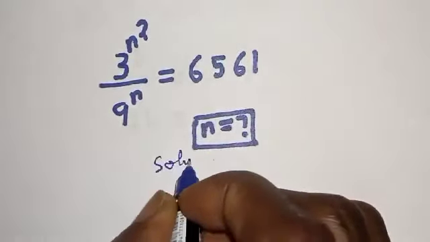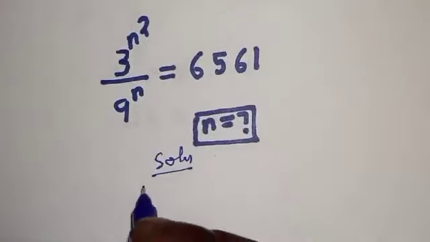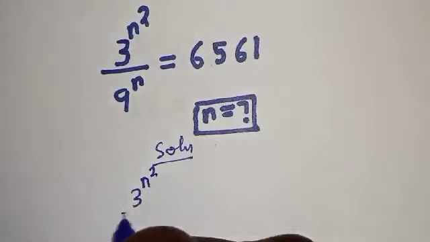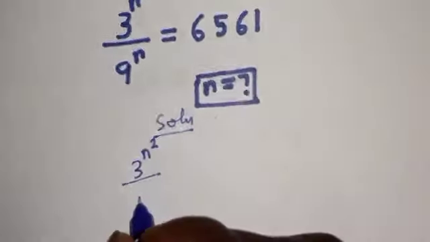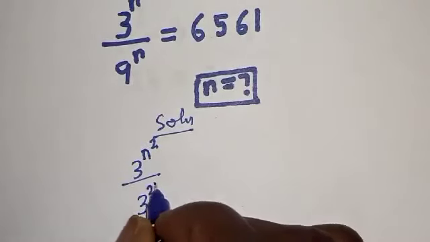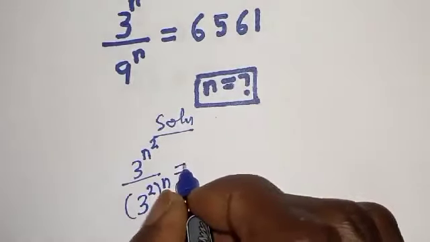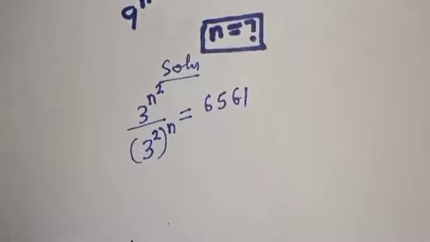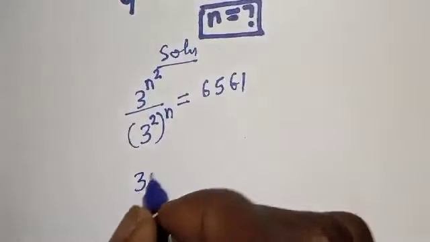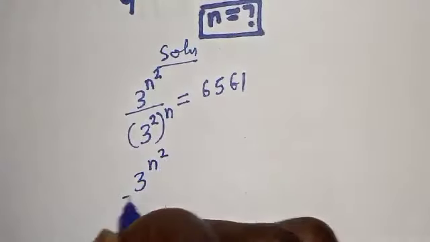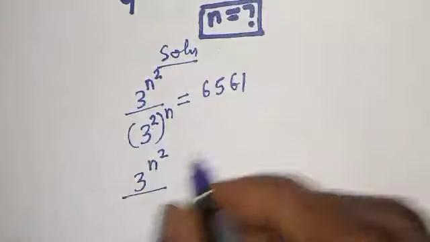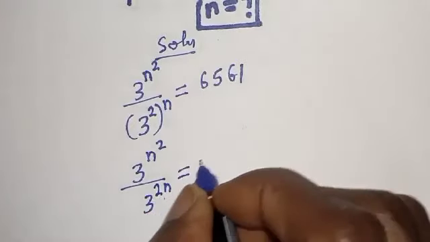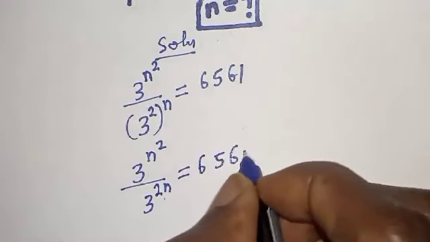Solution. We have 3 raised to power n squared divided by 9 raised to power n, which can be written as 3 raised to power n squared over 3 squared raised to power n, is equal to 6,561.